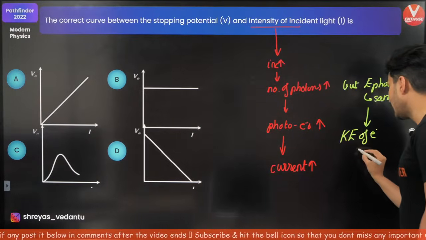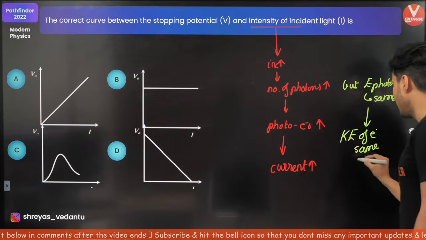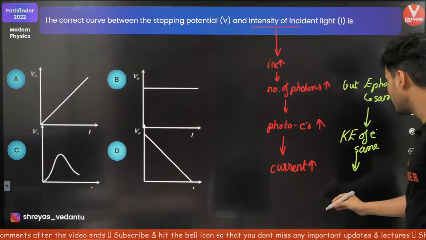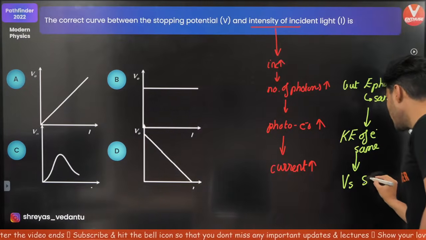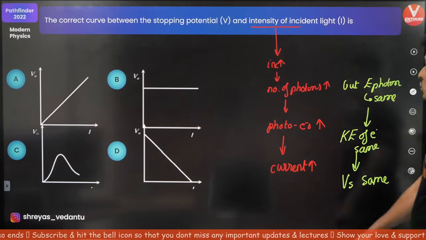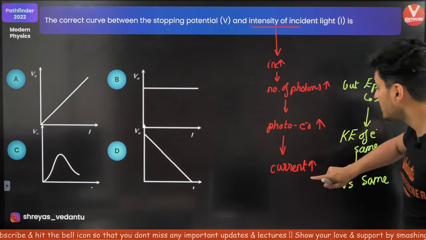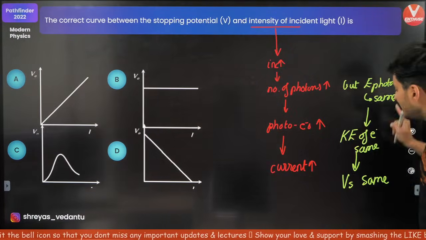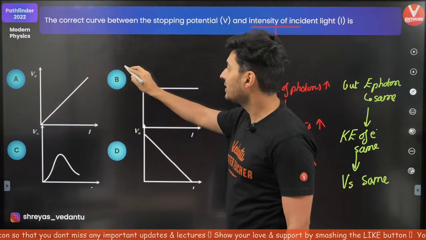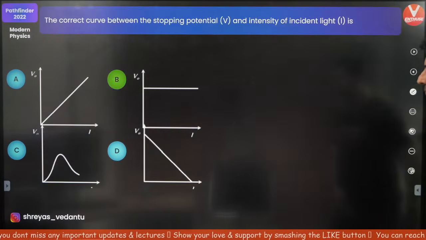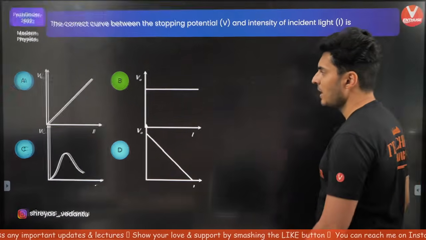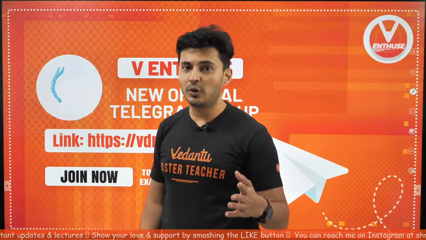So kinetic energy of the electron will also be the same, and if kinetic energy of the electron is same, the stopping potential will also be the same. So changing intensity changes current, but it does not change the stopping potential. So I think it should be option B, guys. Yes, it is B.